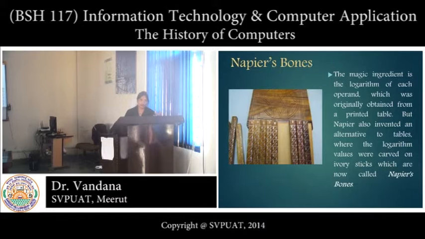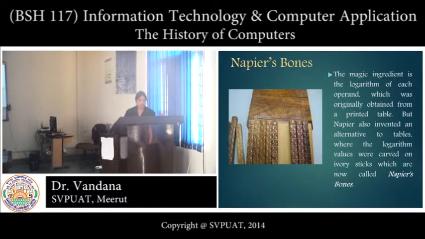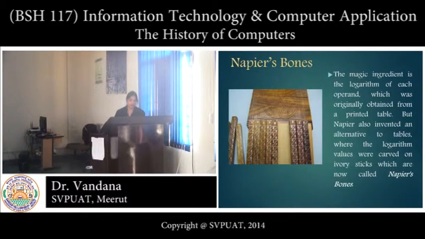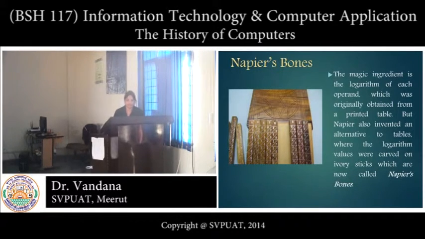So the idea of algorithmic calculation has been taken from Napier's bones only, and with them, multiplication can be done with the help of addition. You can see Napier's bones here. The magical part was that initially we used printed tables, but with this the entire multiplication table is engraved on these bones.